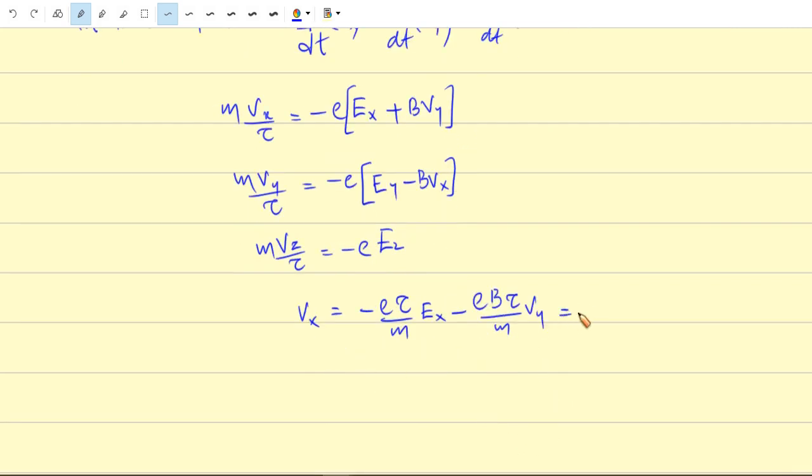This is equal to minus e tau by m Ex minus eB/m Vy.